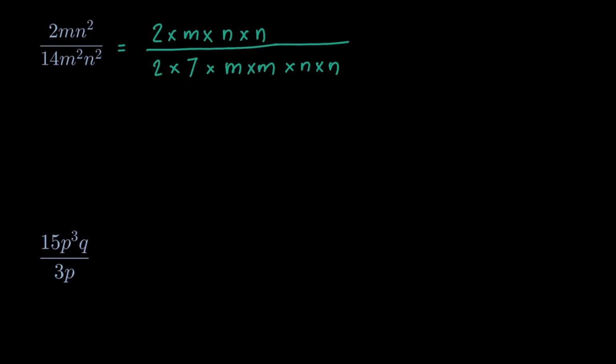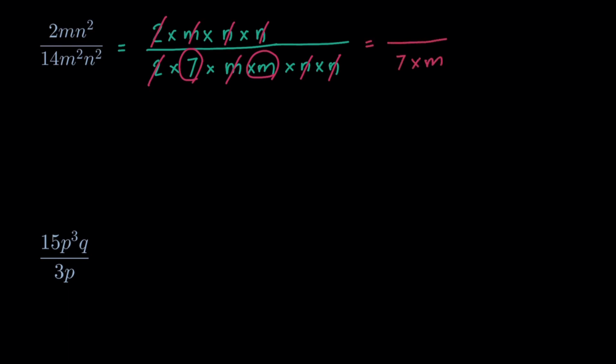So any number that appears on top of the fraction and on the bottom of the fraction, I know I can cancel them out. So first cancel out the 2's, then cancel out the m, cancel out the n, and there's another pair of n that I can cancel out. And what am I left with? I am left with 7 times m on the bottom.